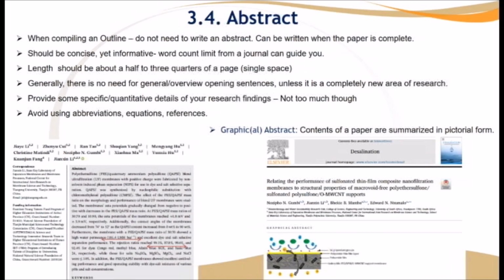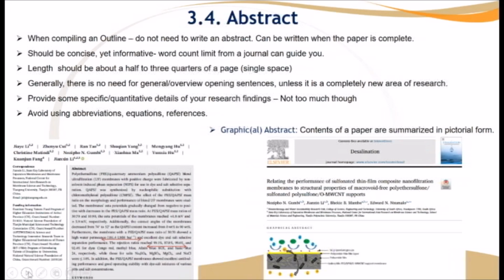Generally, there is no need to give an overview. When you are writing an abstract, there generally is no need to give a general overview or opening sentence, unless you are presenting something that is completely new, a completely new area of research. What I mean by a general overview or opening sentence, I would make an example from my research space, where we are developing better tools or methods with which we can better purify drinking water.